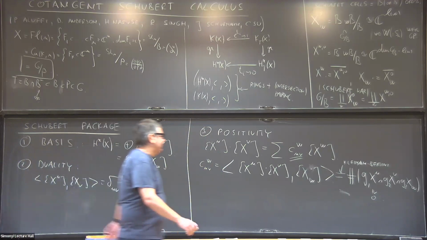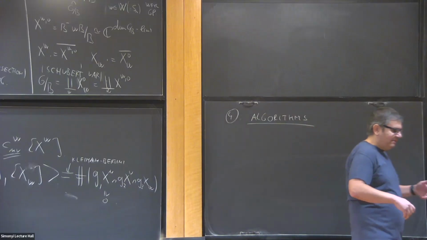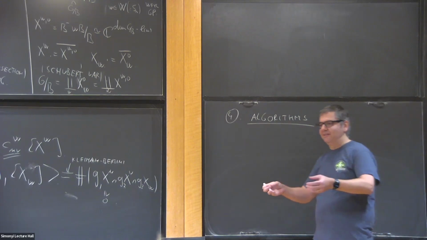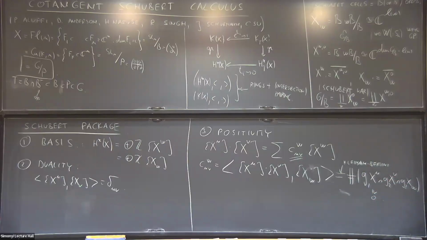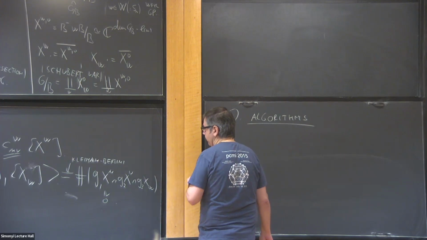And because these are actually counting something, you want to calculate them in a manifestly positive way, right? So you want to say that the Schubert structure constants are actually counting some sets, which can be defined in a combinatorial way.